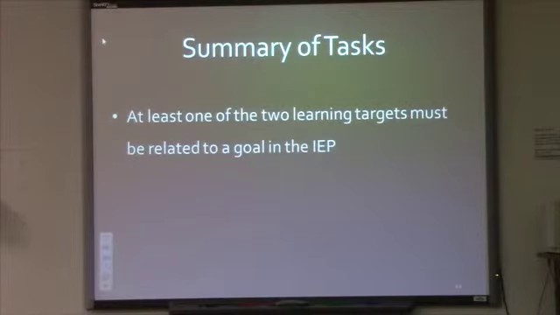If-then. So, again, it goes back to the learner and where the learner is.